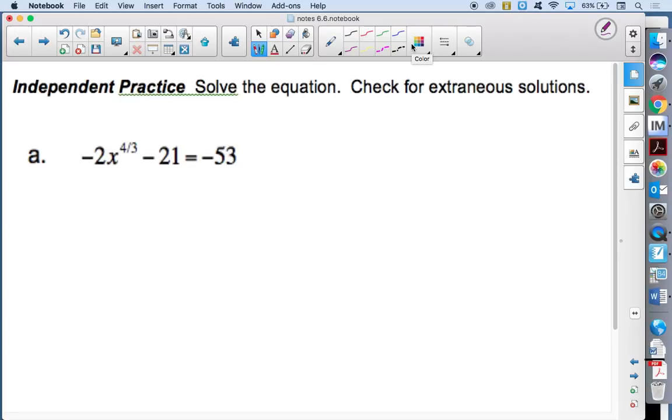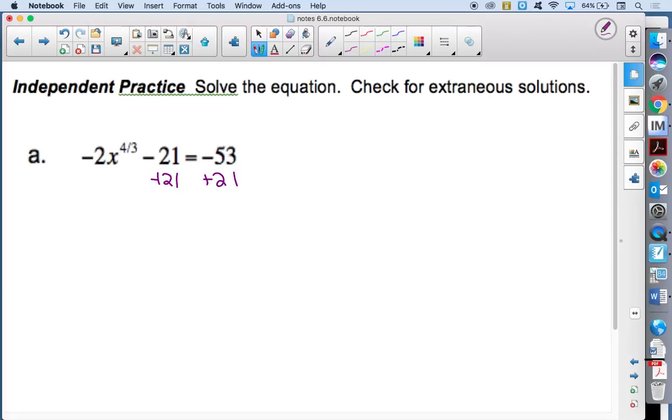All right, so on page 27, if you look at negative 2x to the 4/3 minus 21 equals negative 53. This one is similar to the one that Aisha talked about with that rational exponent. Last page, this is it for this chapter. How do you solve this problem? So what would you do, Brandon? You add 21 to the other side. So we want to get the x by itself. In this case, it has a rational exponent, which is okay.